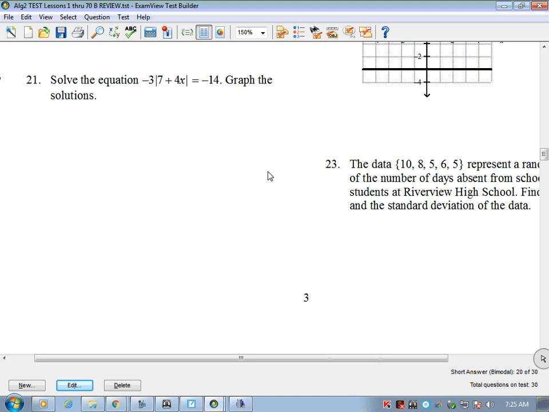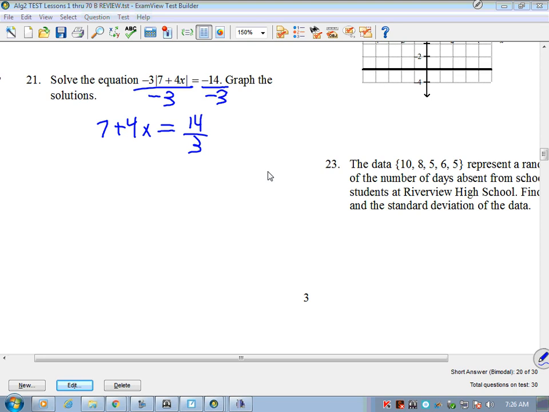All right, let's look at number 21. The first thing we want to do is isolate the absolute value. We do that by dividing by -3 because it's technically multiplying. So I'm getting 7 plus 4x is equal to -14 divided by -3, which is just 14/3.